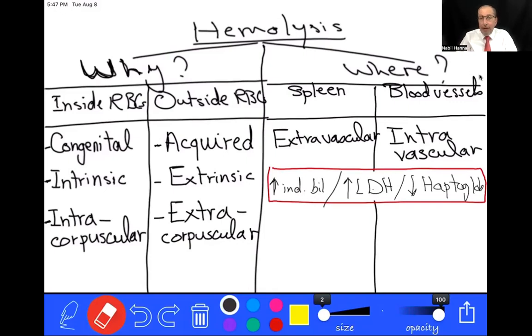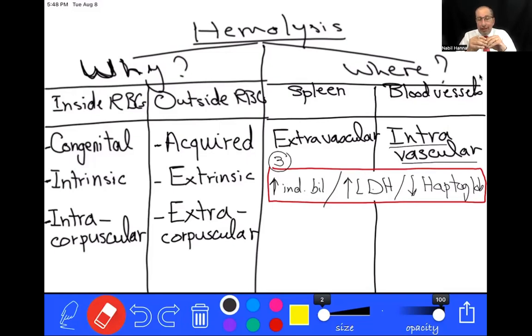So how can we tell apart extravascular hemolysis from intravascular hemolysis? The answer is when hemolysis occurs inside blood vessels, in addition to the three biochemical markers of hemolysis, we have three additional markers of intravascular hemolysis. And what are these? Definitely, the free hemoglobin in plasma will be much more when hemolysis occurs inside the blood vessels.